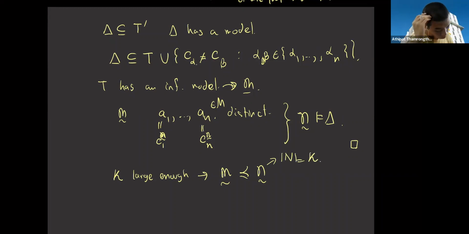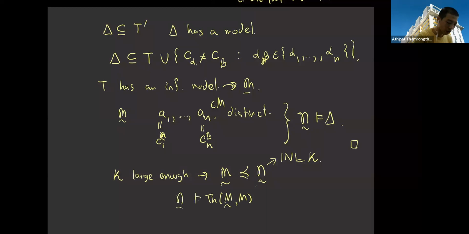Now you can see that when we talk about the infinite models of, here you can consider this as the theory T_M, T_N is an infinite model of T_M, right? By using the theorem that we talked about earlier.